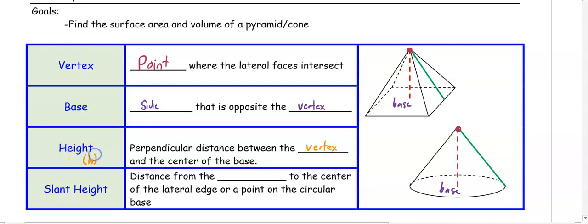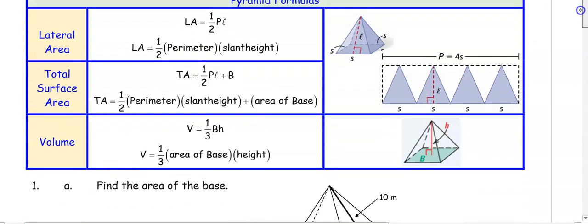So height is always going to be abbreviated. And then our slant height is the distance from the vertex to the center of a lateral edge. So this would be our slant height. So remember, the slant height is like if you were to slide down the side of a pyramid or a cone.